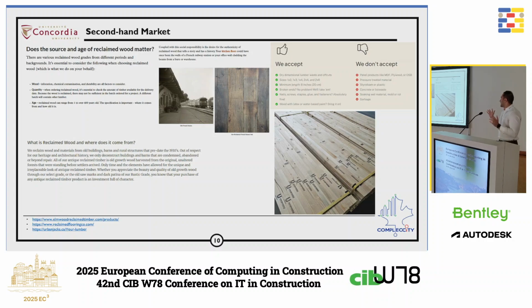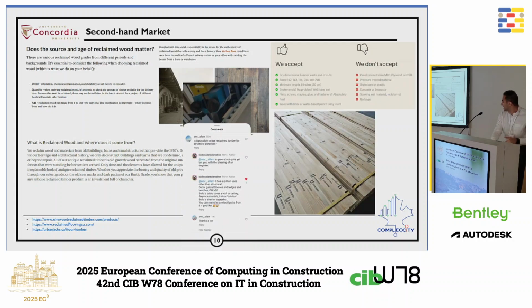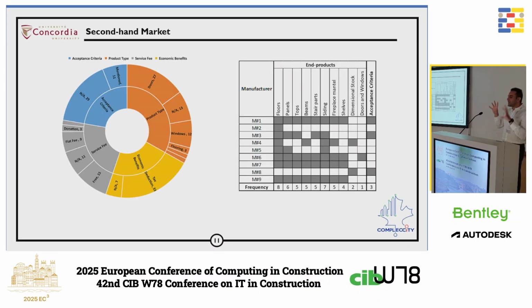Some of them have also mentioned their acceptance criteria, like for example, this one, it's called Urban Jacks, I believe, and they mention what are the sizes that they accept for the dimensional lumber for framing, for them to remanufacture it. Also, I started bugging them on Instagram, asking, what do you guys do, what do you accept, and so on and so forth. And at the end, we bundled all of them into what you see in front of you here.